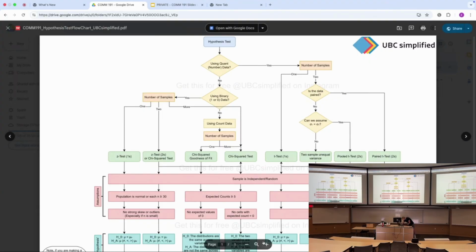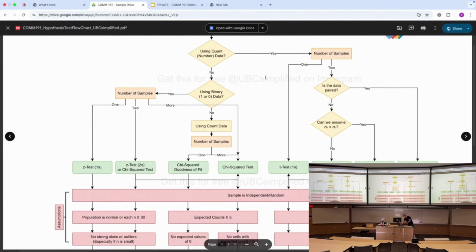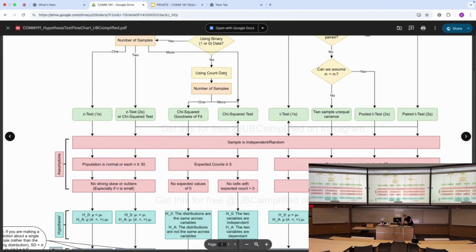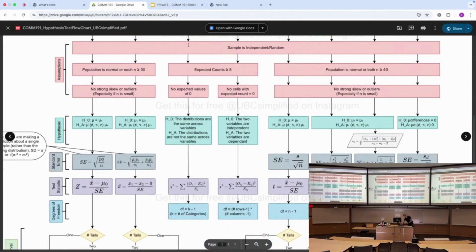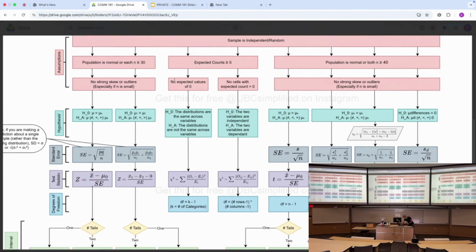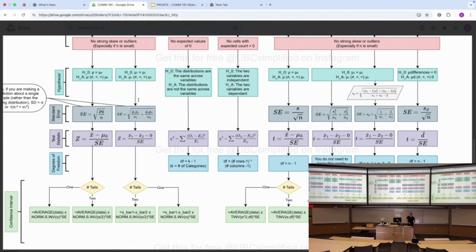If you're using quantitative or categorical data and you follow it through, it tells you what test to use, paired t-test, normal t-test, the assumptions that have to hold true, most of which are the same for all of them, and what your hypothesis will be, so one mean equal to the other mean, or the parameter equal to something.